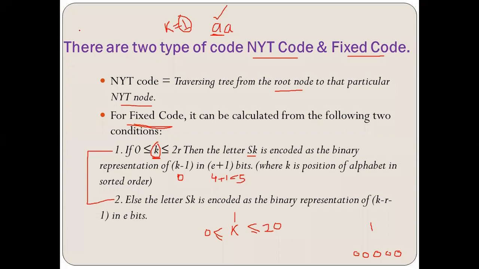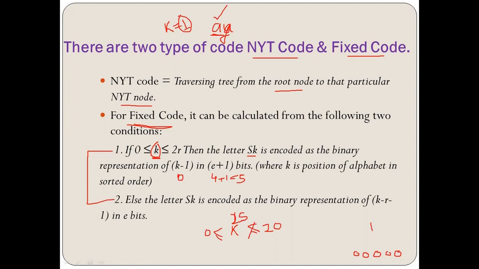Now, let's take another example. What if there is a particular alphabet, let's say Y. Now the second condition is true because it is the else condition. Y is the 25th position in the alphabet, so 25 is not less than 20.